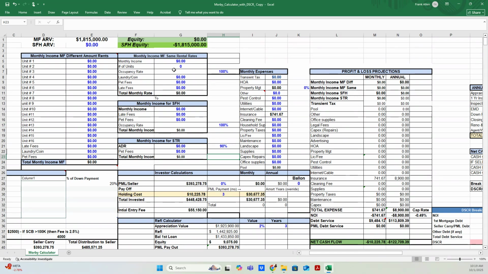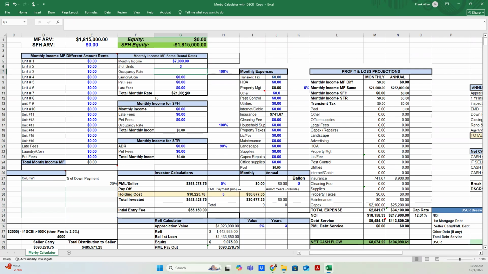So for this particular property, I'm going to use the monthly income for multifamily rentals, because this is a short-term rental that is rented monthly. It has a fixed income, the same amount every month, and it's rented 100% of the time, which he got really lucky on.